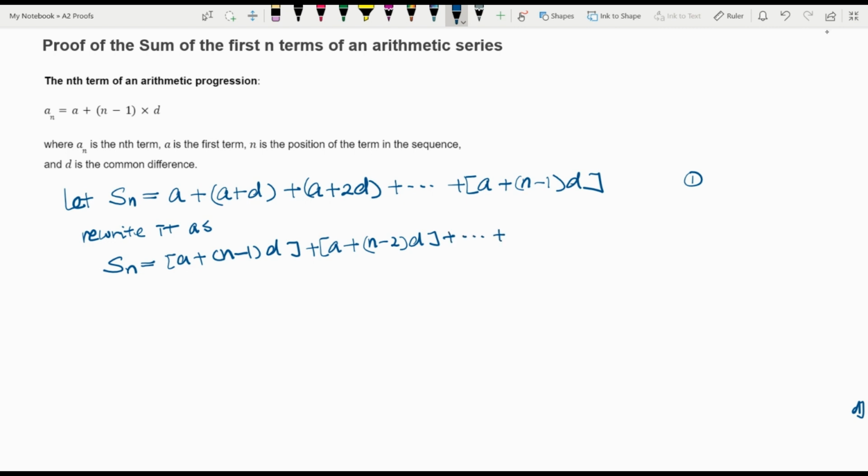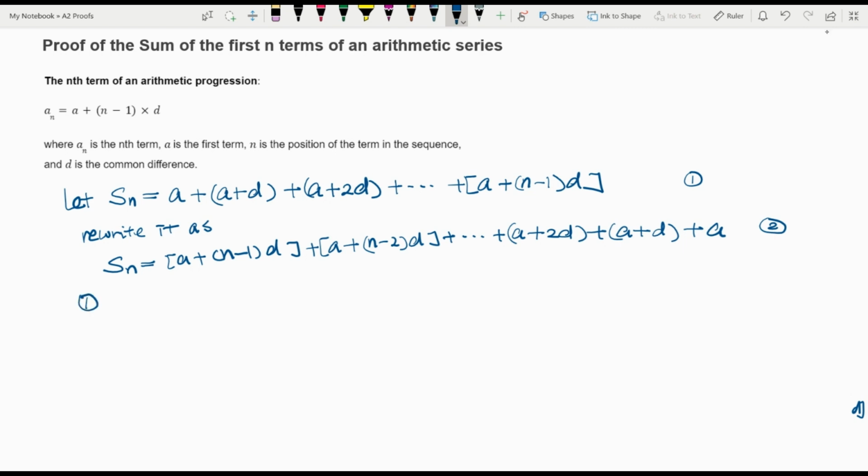And the last three terms would be a plus 2d, plus a plus d. The last one is a. And we label this as equation 2.